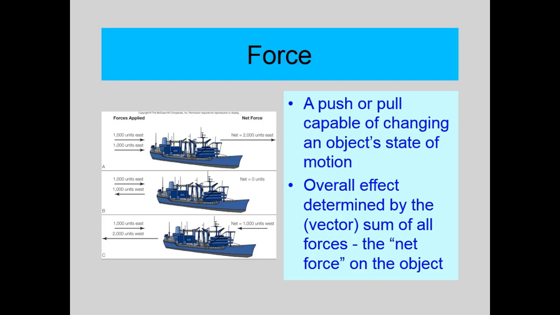They couldn't see each other, and one started pushing with 1,000 units to the east, and the other 1,000 units to the west. They're going to sit there and not move anywhere and say, what in the world is wrong? Because the net force is now zero. Even though they're both applying a force, a force is a push or pull capable of changing an object's state of motion, and the net force would be zero, because it's not changing the motion at all.